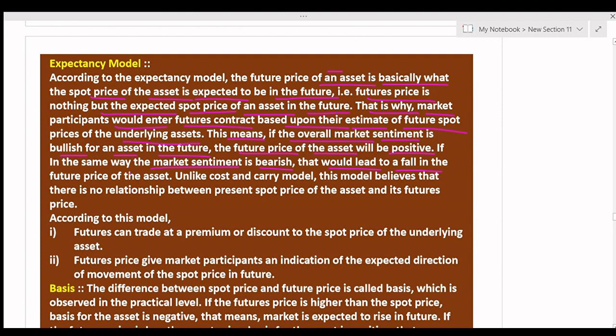Unlike the cash and carry model, this model believes that there is no relationship between the present spot price of the asset and its future price.